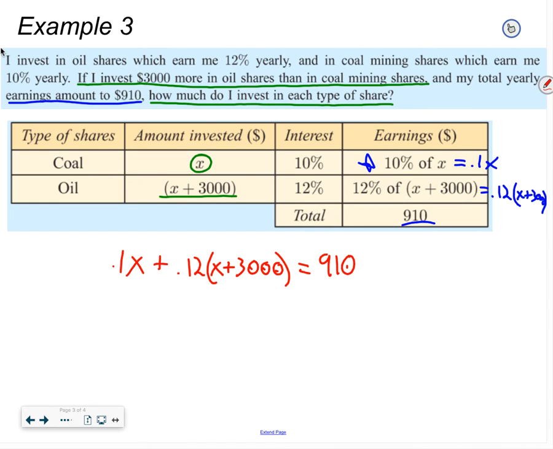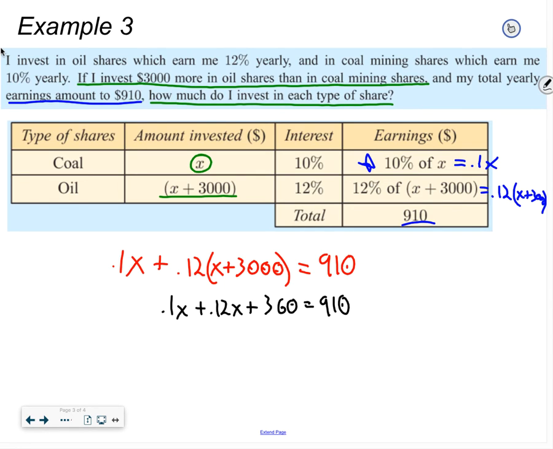Okay, so now that I have my equation generated, I want to go ahead and try to solve this. So I'm going to distribute. So I get 0.12x plus 0.12 times 3,000 is going to give me 360, is equal to 910.